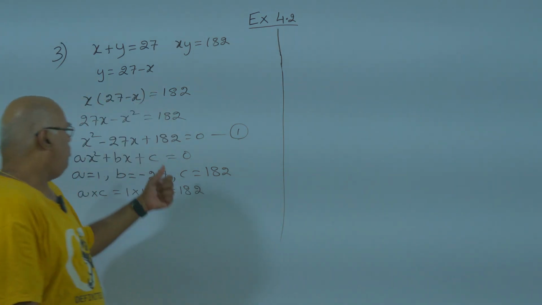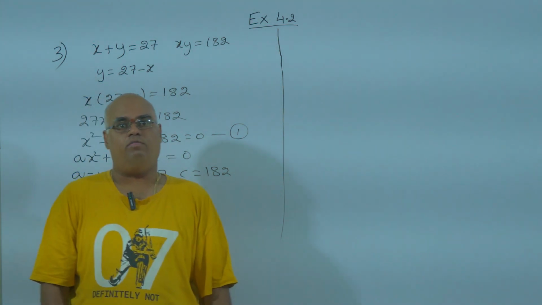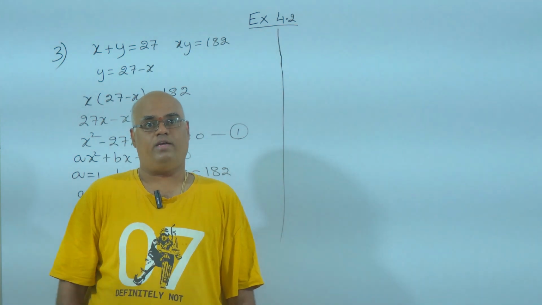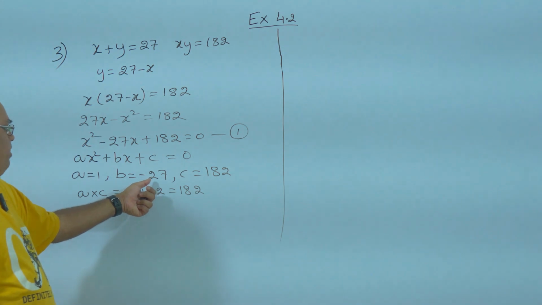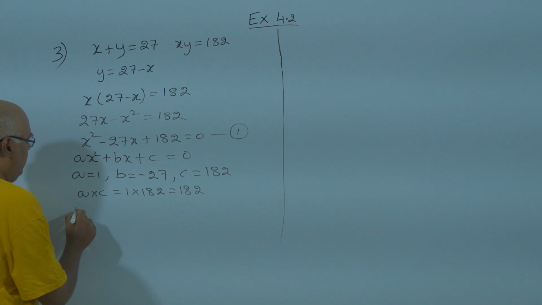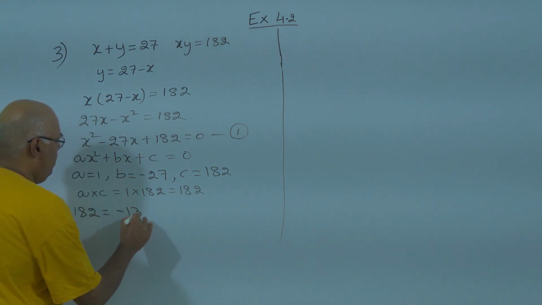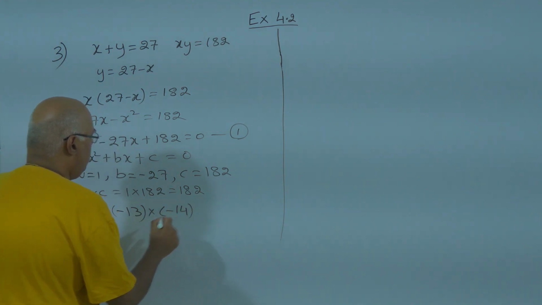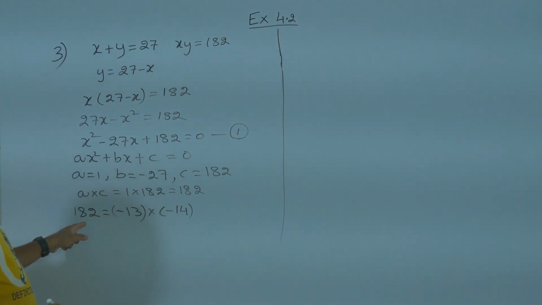Now in order to factorize the equation 1, I need to select two factors of 182 in such a way that when I add up those two factors, I should get the value of b, that is nothing but equal to minus 27. So what I will do is, I will write this 182 as minus 13 into minus 14. So if you see here, minus 13 into minus 14 is nothing but equal to 182.